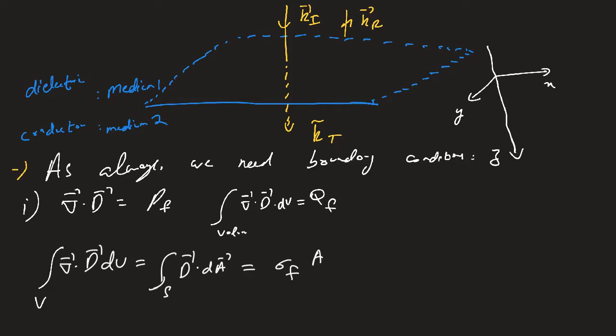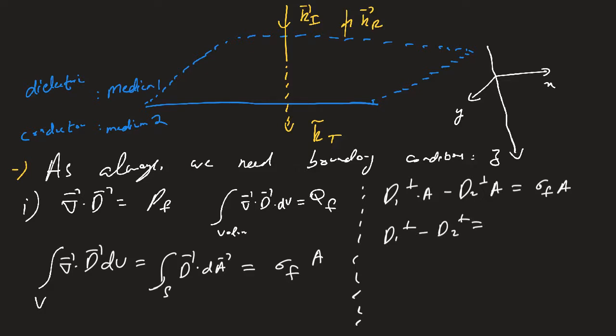So if we simplify this a bit, and we've done this before, what we get is D1 perpendicular to the surface, so parallel to the surface normal, dot A, minus D2 A, is equal to rho_f A. What we get is that D1 perpendicular minus D2 perpendicular is equal to sigma_f, and so epsilon 1 E1 perpendicular minus epsilon 2 E2 perpendicular is equal to sigma_f.